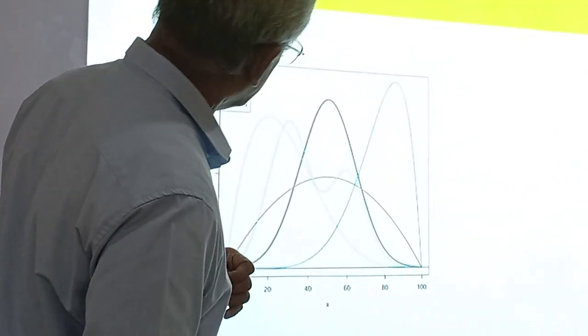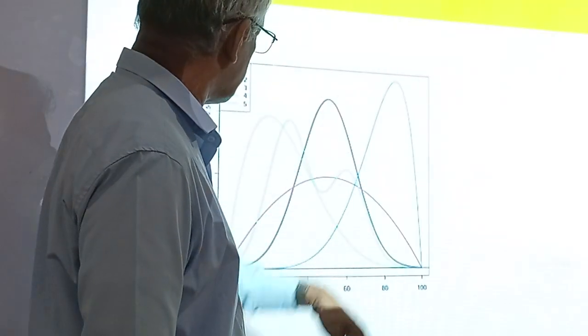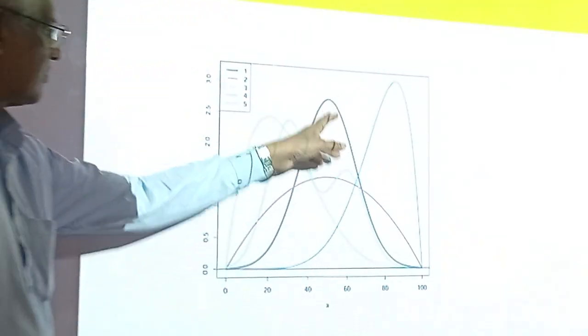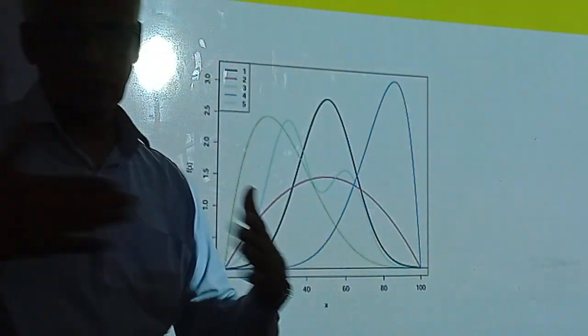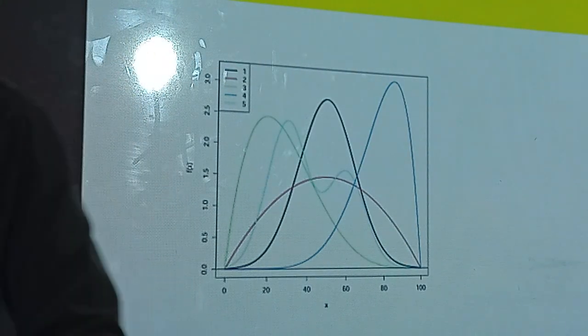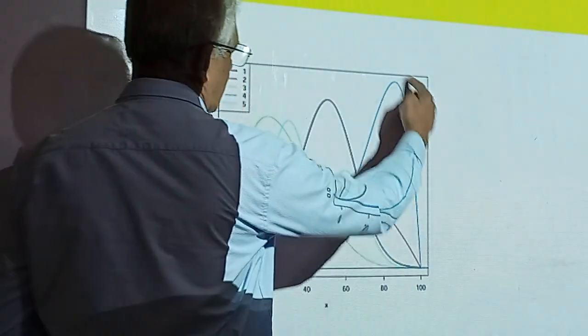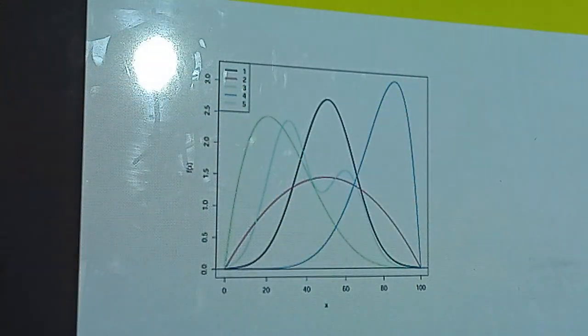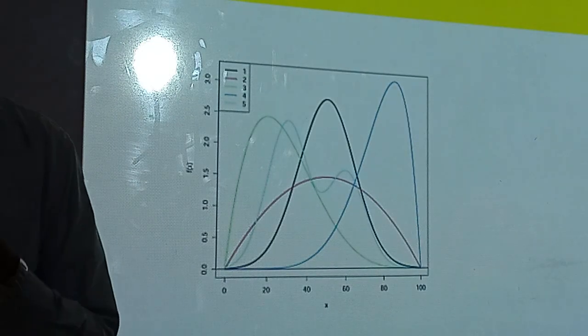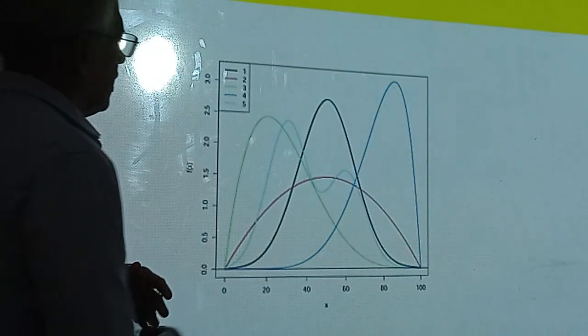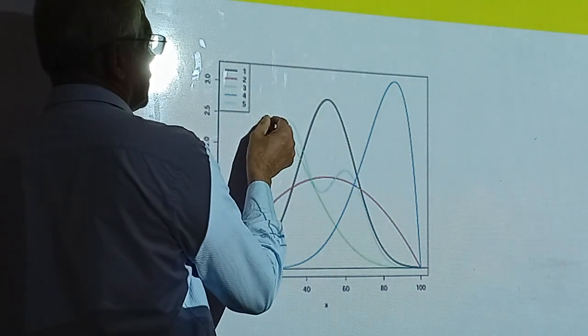If you have a symmetric one like this, then probably the center and the spread will be enough to describe it. But if you have positively skewed or negatively skewed, center and spread is not enough. You need some measure of skewness, and also how much the peak is.